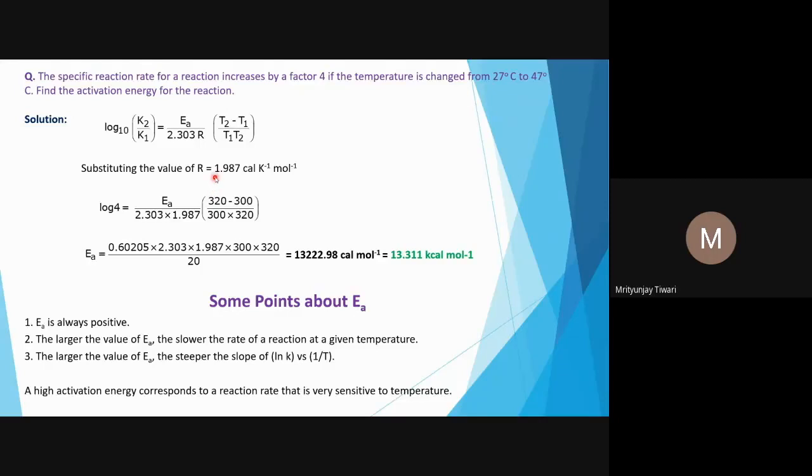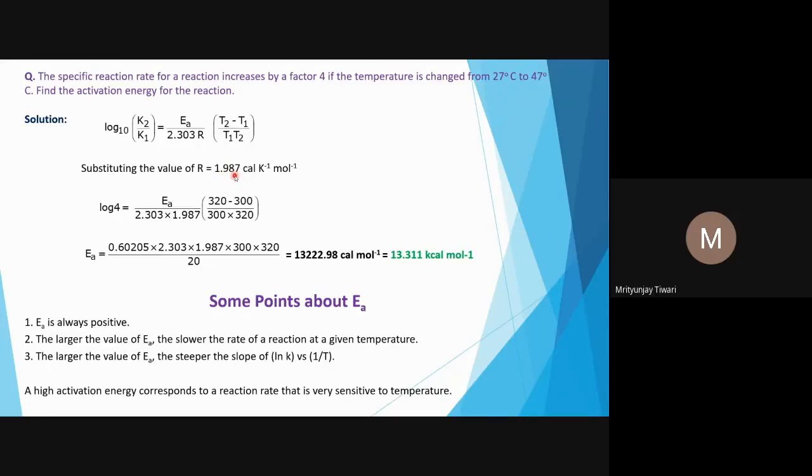So substituting the value of R, one can either write it in the form of joule per Kelvin per mole, or one can also obtain this value in calorie per Kelvin per mole. Chemists usually take the value in calorie. This is what I have also explained earlier. Let's just take the value of R in calorie per Kelvin per mole. So 8.314 divided by 4.18 will become 1.987.